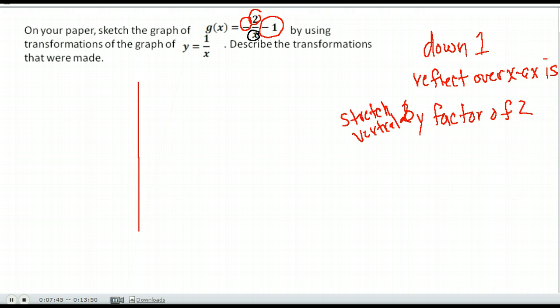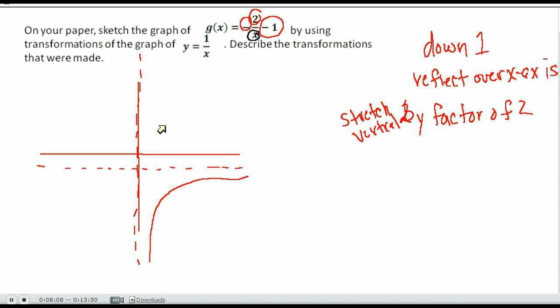So if they wanted us to sketch this on paper, the only asymptote that's changed has moved down 1. So we have an asymptote at -1. We didn't move right or left, so we still have our center at 0. It's going to be flipped over the x-axis, so instead of our graph being up here, it's going to be down here, and it's going to be stretched by 2, which is just going to change our shape a bit.